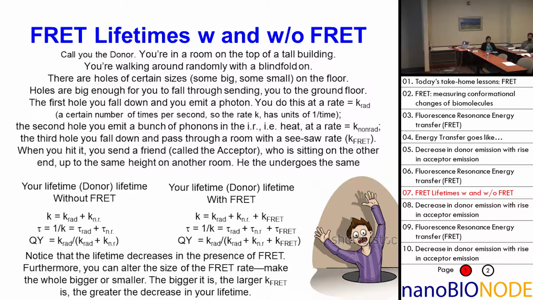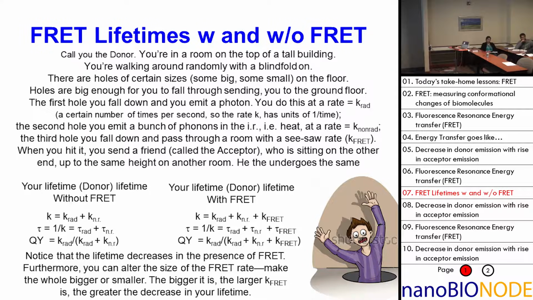In fact, most fluorophores, when you go up, don't come down automatically emitting a photon. Sometimes it emits just heat. So in fact, the tau will be this.